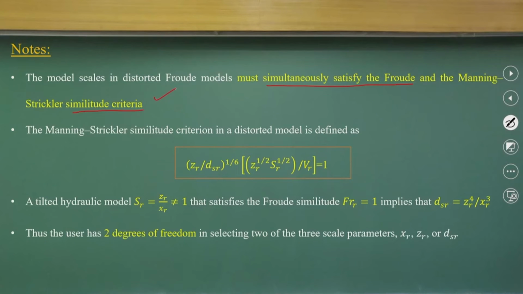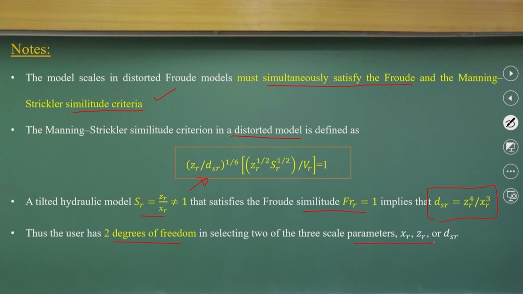If you use all these equations, then in a distorted model you will have a relationship like this. Okay. In a tilted model, you will have a not-equal-to relation that satisfies the Froude number, and you will have dxr relations. Now, if you look at these equations, we have two degrees of freedom, selecting from three parameters: xr, zr and dxr.